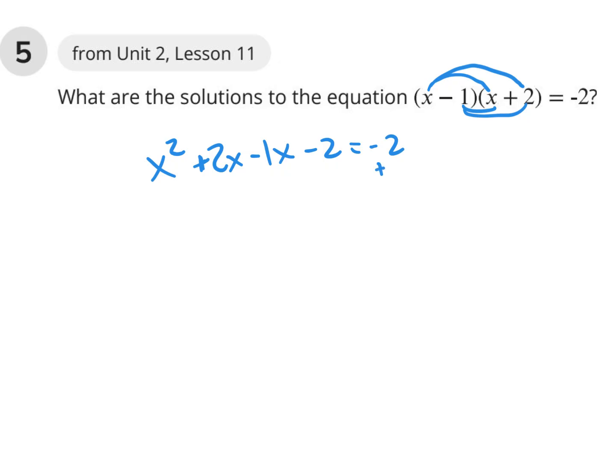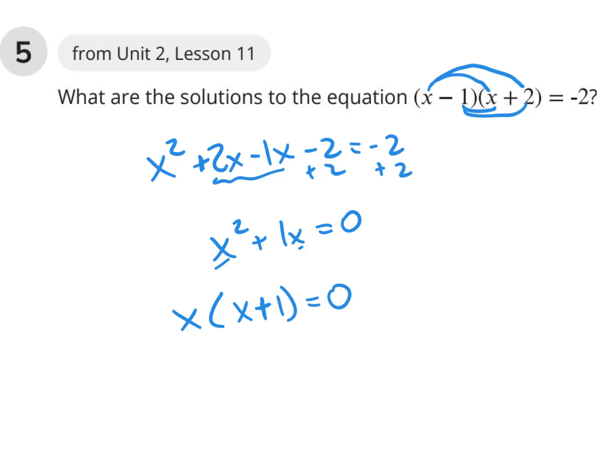What I'm going to have to do is add 2 to both sides. Combine like terms, x squared plus 1x. Now that our polynomial is equal to 0, now we can factor it. Both of these have an x in it, so what I'm going to do is take the x out and be left with x plus 1.